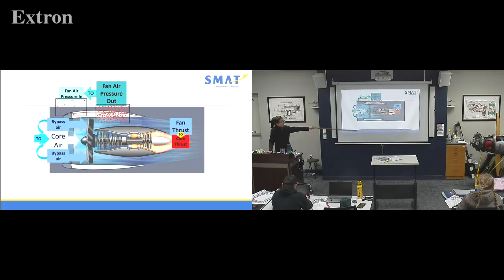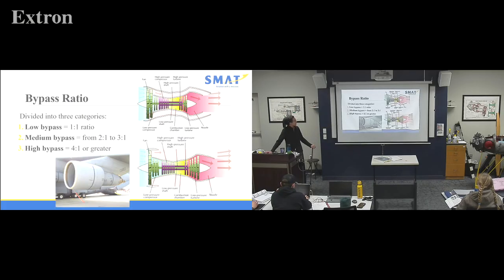So, since we have turbofans, and the fans will be different sizes on different engines, we have different bypass ratios. So, these make sense. Low, medium, high.